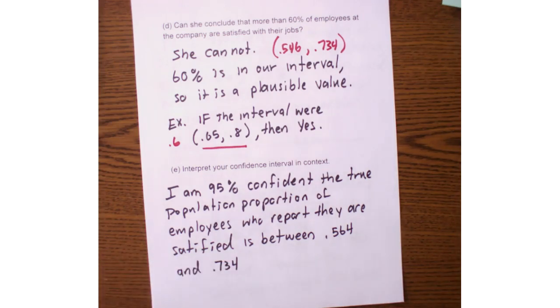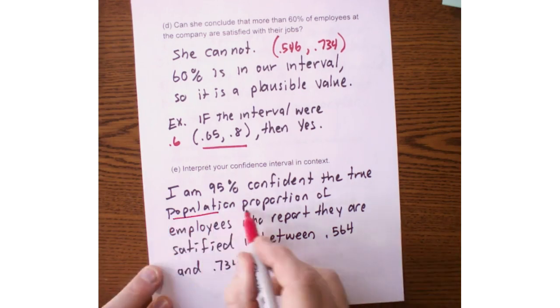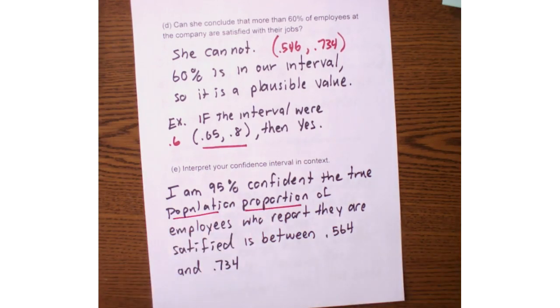If you were to interpret your confidence interval in context, what I would say is that I am 95% confident that the true population proportion of employees who report they are satisfied with their jobs is between 0.546 and 0.734.